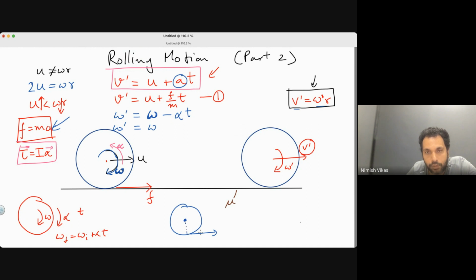Then what is the offset of the force? R perpendicular is luckily the radius of the body itself, right? So it is FR, F into R. That's the torque. So FR, the torque, is equal to I alpha. So what is alpha? FR by I into T. That gives you the second equation.